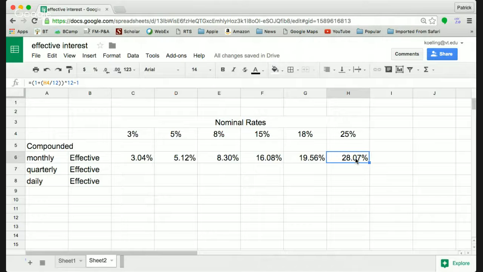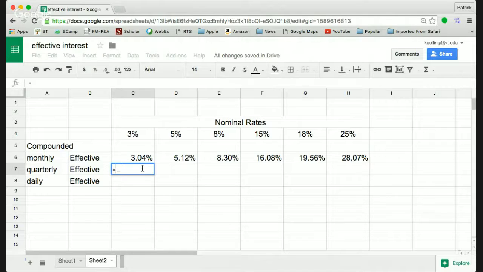Okay, compounded quarterly. Now, one would think that if we compound quarterly, that's less often, right? That's only 4 times per year. So one would suspect that the effective interest rate wouldn't be quite as high as monthly compounding. Let's check and see.